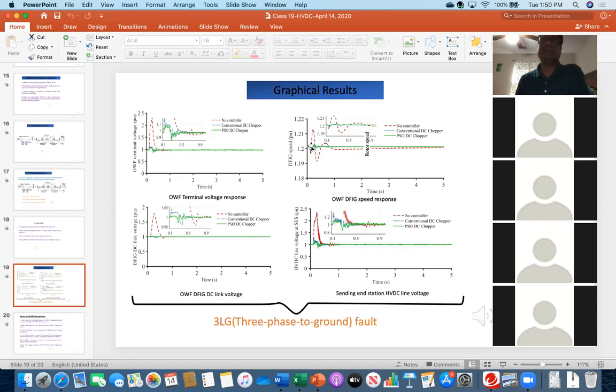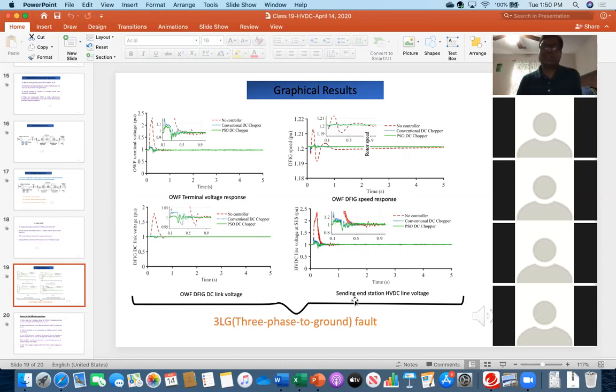Speed increased and then oscillated, but with the proposed DC chopper, both conventional and PSO-based can bring the system back to its original condition. However, the performance of the PSO-based DC chopper is somewhat better as compared to the conventional DC chopper.